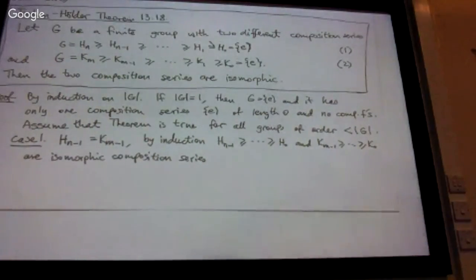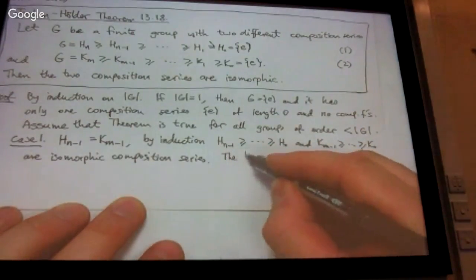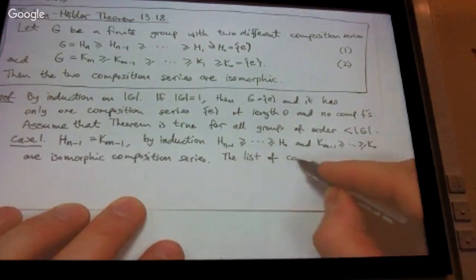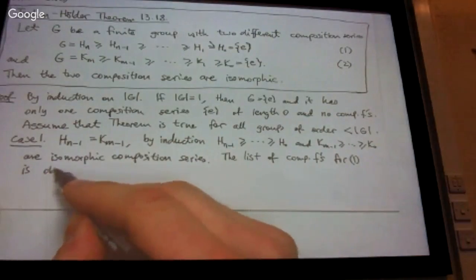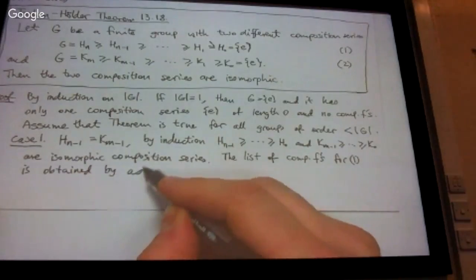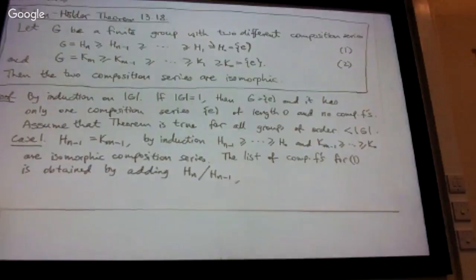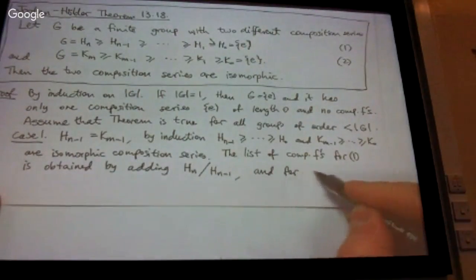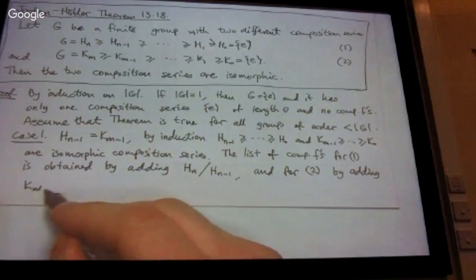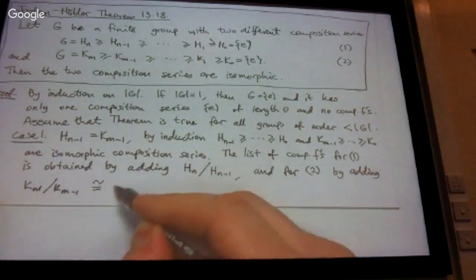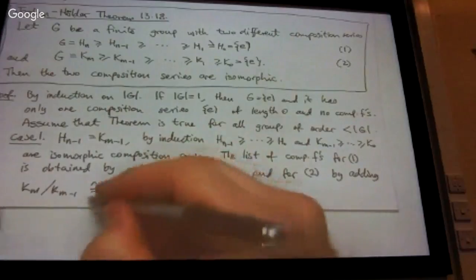So they have the same list of composition factors, but then the list of composition factors for the first series is obtained by adding this factor group, which are actually equal, isomorphic.